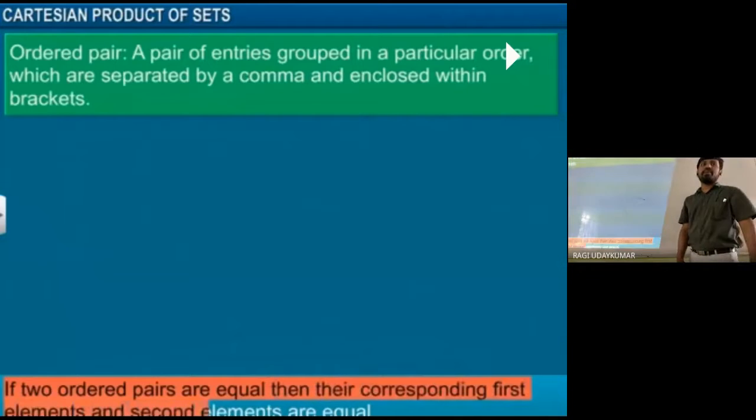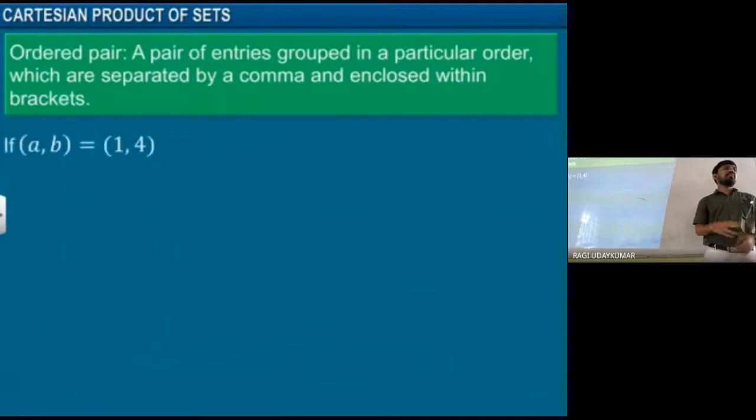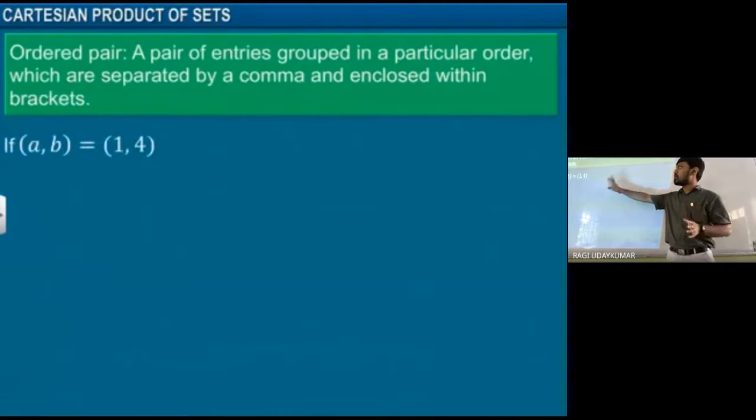If two ordered pairs are equal, then their corresponding first elements and second elements are equal. That means, if (a, b) equals (1, 4), then a equals 1 and b equals 4: the first element equals the first, the second equals the second. So this is the ordered pair.